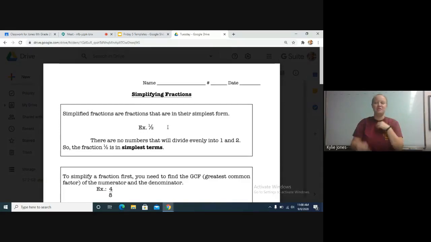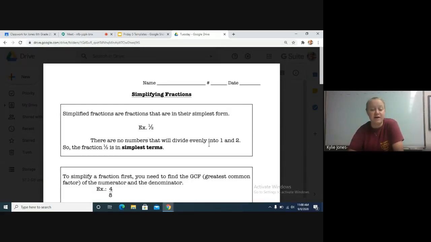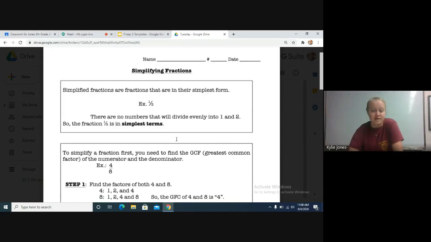Sometimes I have math tricks to help you remember things, but that one, numerator's the top, denominator's the bottom. Once your fraction is in simplest form, there will be no more numbers that divide evenly into the top and the bottom. At that point, there are no more common factors, so you can't make it any simpler than it is.